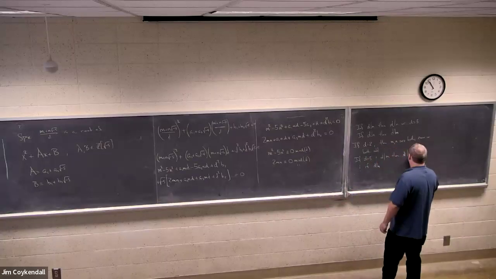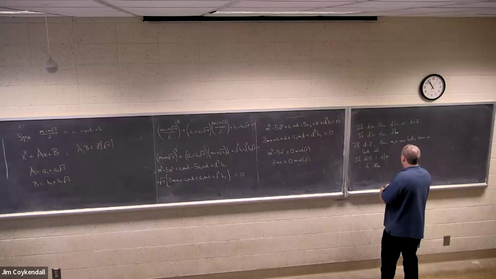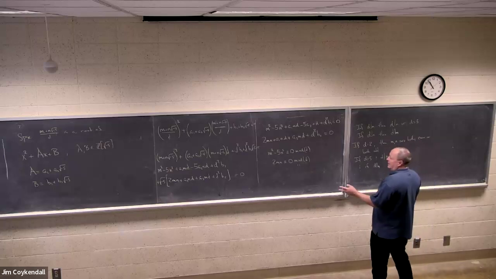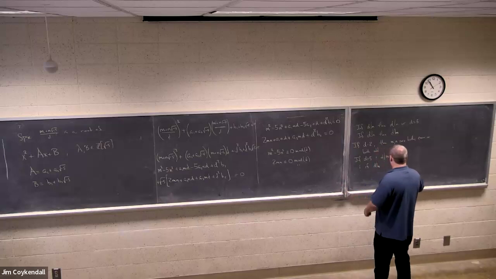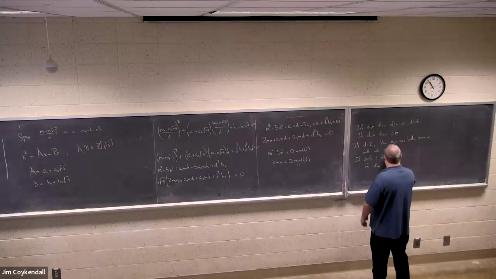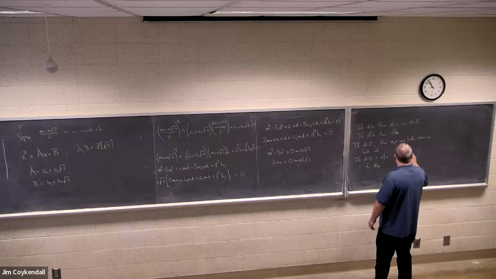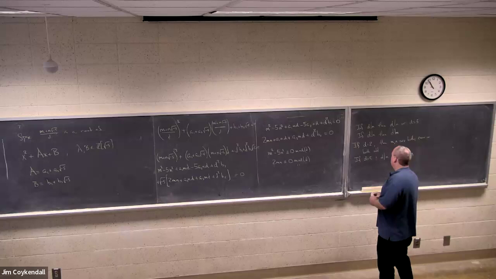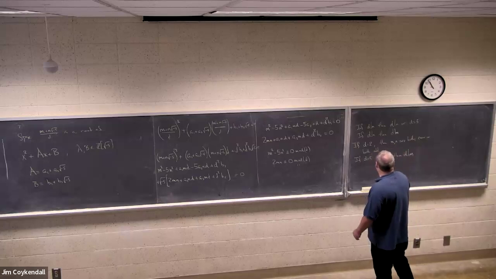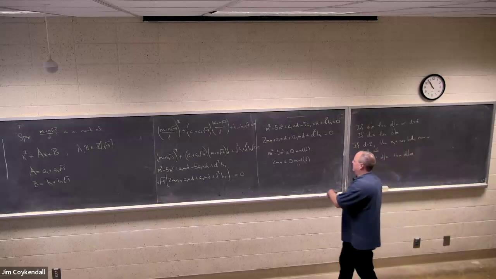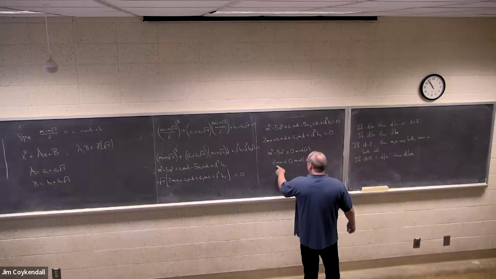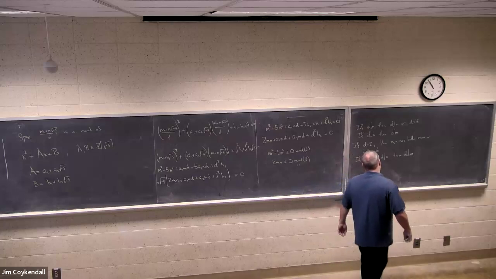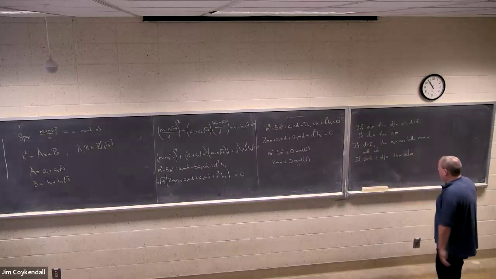If D divides M, then D divides M. If D divides N, then D divides N. And what happens if D is 5 and D divides M, then this equation is automatically satisfied and we don't know anything.